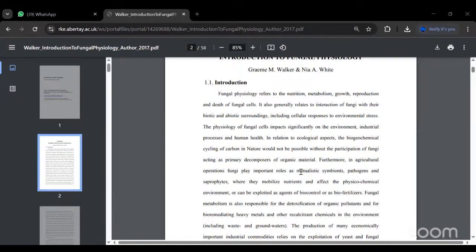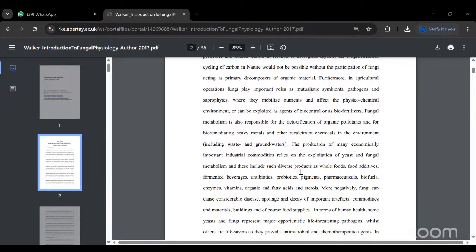The production of many economically important industrial commodities relies on the exploitation of yeast and fungal metabolism.